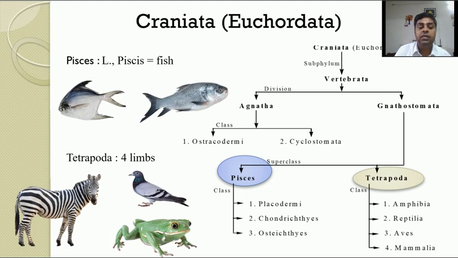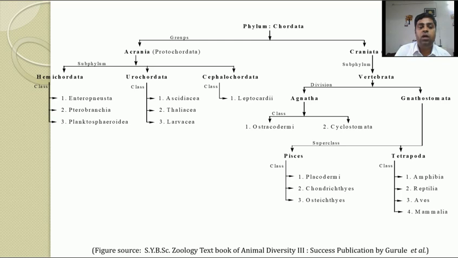The third class is Aves, which contains all the birds, and the last one is Mammalia, which contains all the mammals. So this is about the classification of the group Craniata belonging to the Chordata.